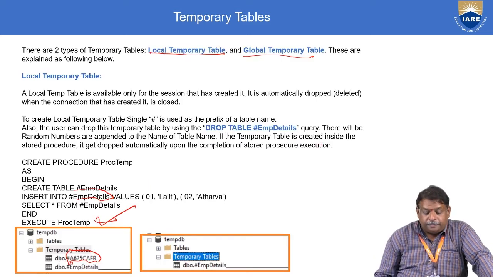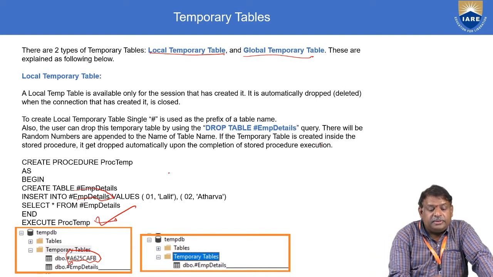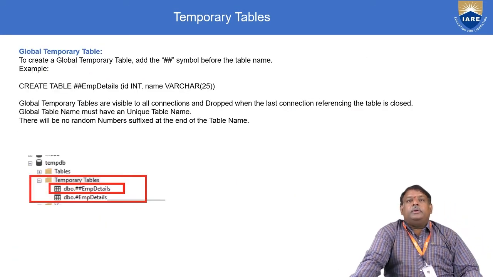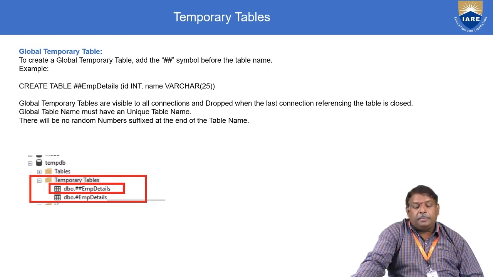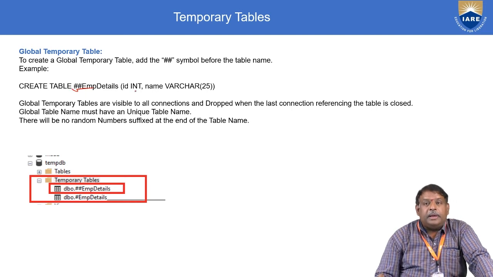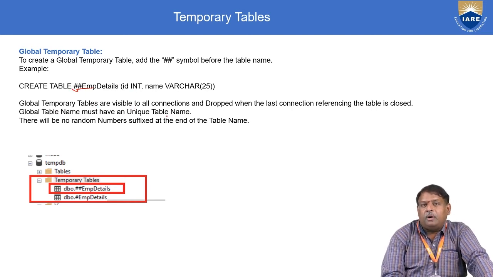Earlier we have seen the single hash for the local temporary table. Now we will see the second one, the global temporary table. To create a global temporary table, add a double hash before the table name. Global temporary tables are visible to all the connections and dropped when the last connection referencing the table is closed.